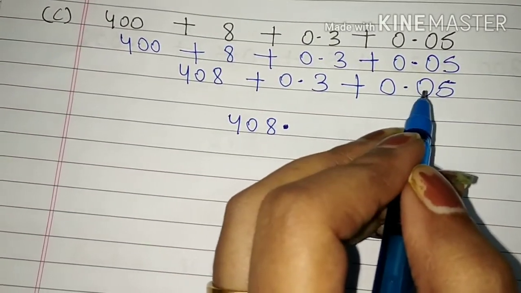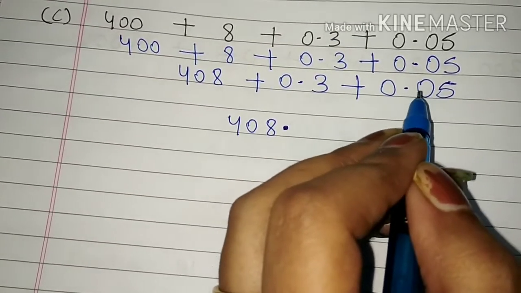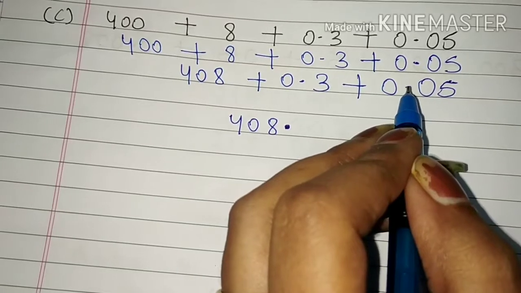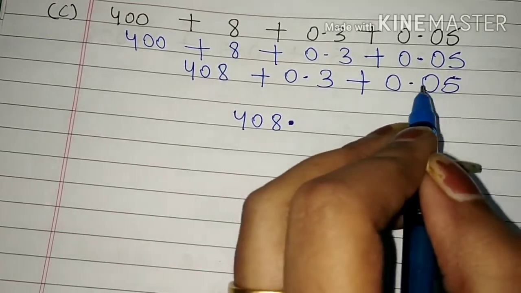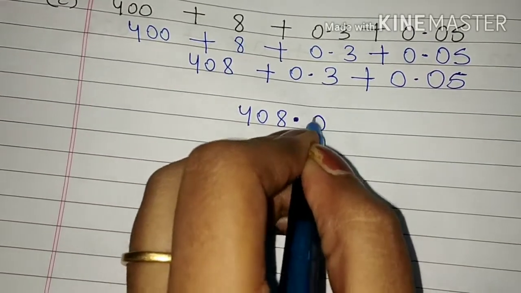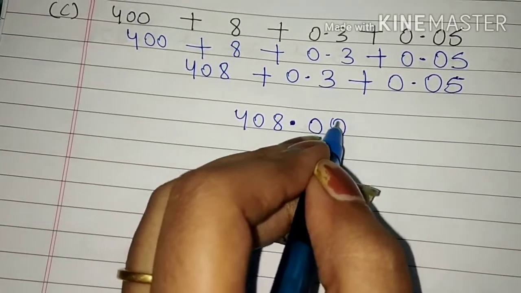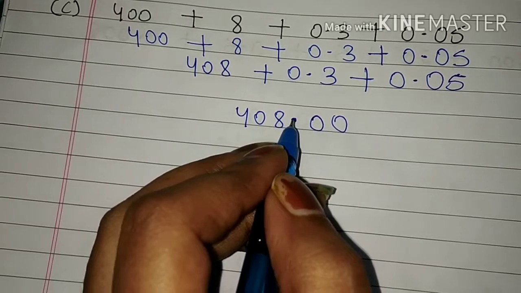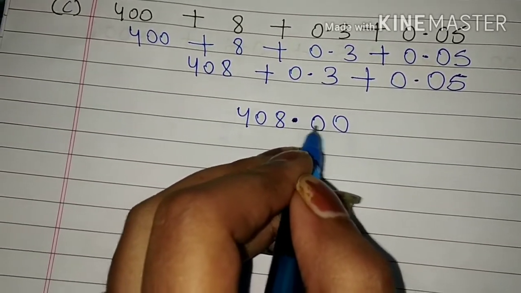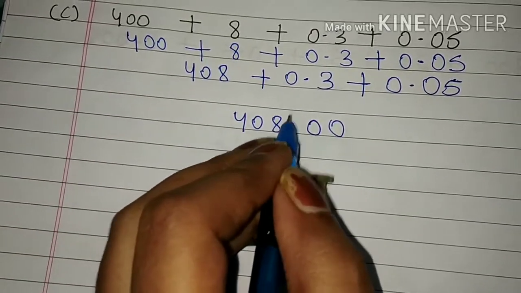Now students, you can see after a decimal point, 2 numbers are given to you. 1, 2. So here also we will write 2 times 0. Students, just to make our calculation easy, we will put a decimal point here and write 2 times 0 after a decimal point.